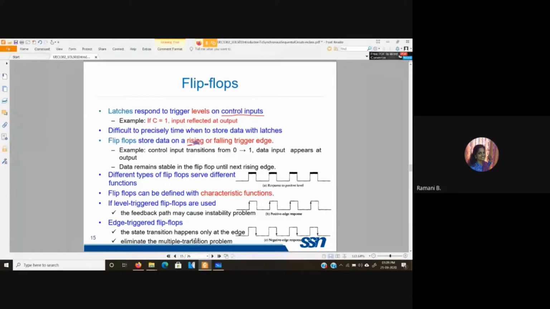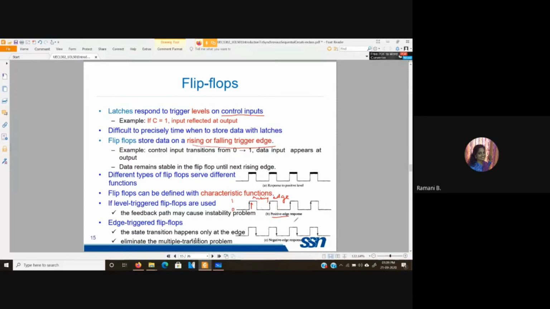So this stores data on rising or falling edge of the trigger. That is rising edge in the sense when the pulse value changes from 0 to 1. So when there is a transition from 0 to 1, we call this the rising edge. This is also named as positive edge response, as it is moving from smaller value to greater value.